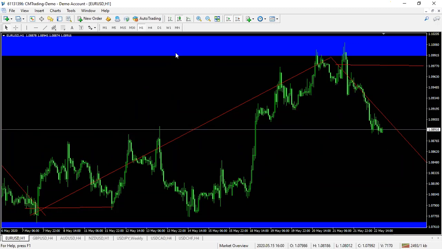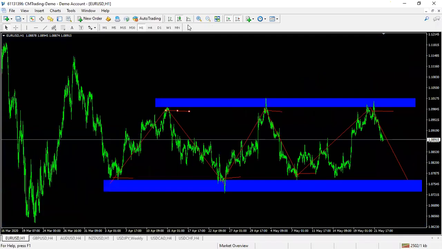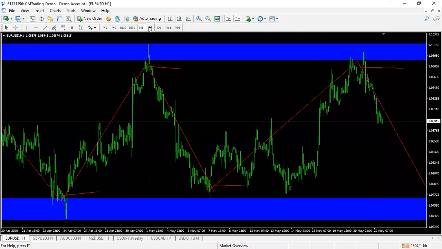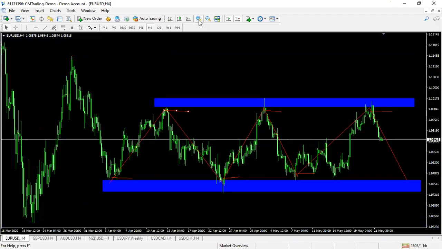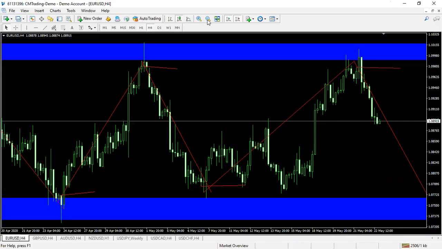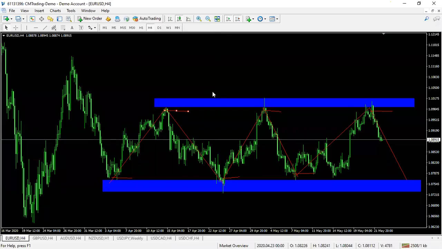But what you really need to understand about supply and demand zone, in case they don't play according to what you expect, there's always room for you to at least exit the trade.